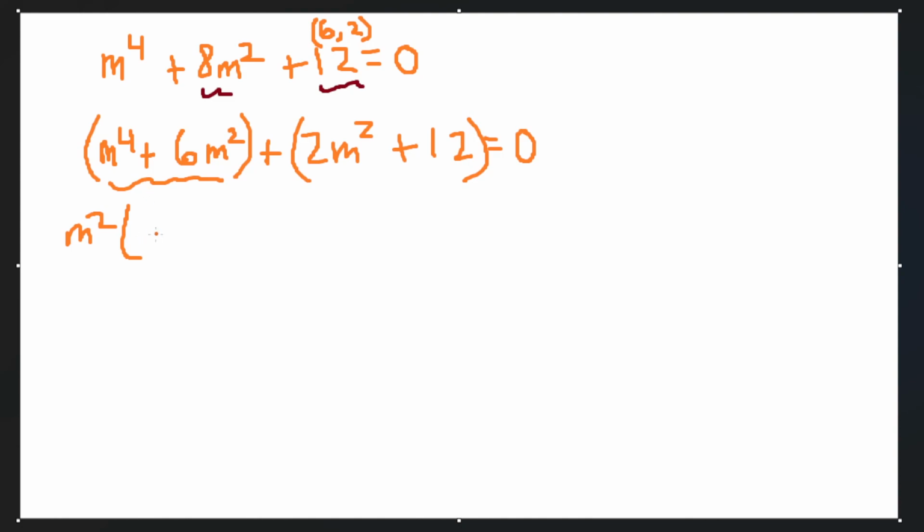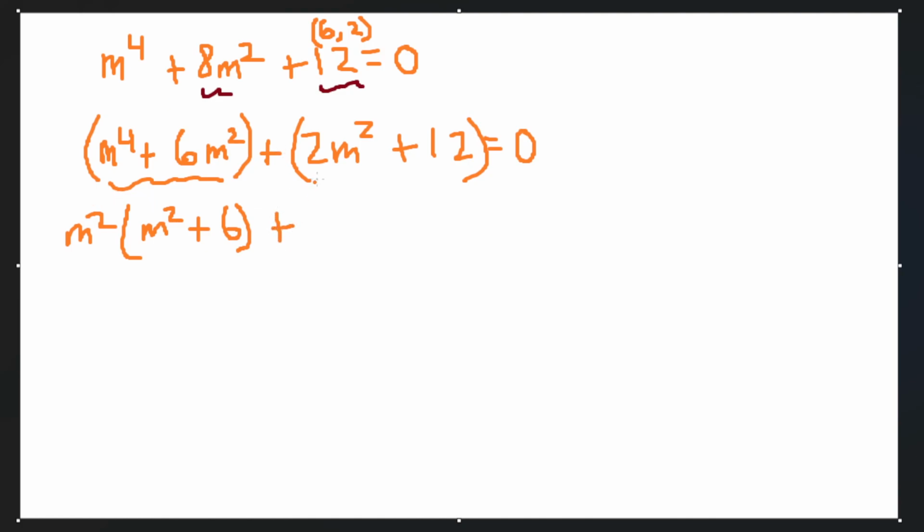Then inside the parentheses we have m squared plus 6. We can verify this by distributing the m squared: multiplying it by m squared gives you m fourth, and m squared times 6 is 6m squared. That's how we can verify that we did it correctly.